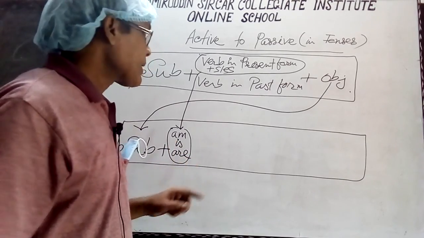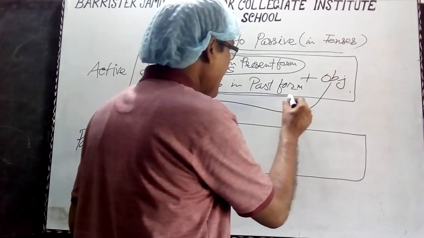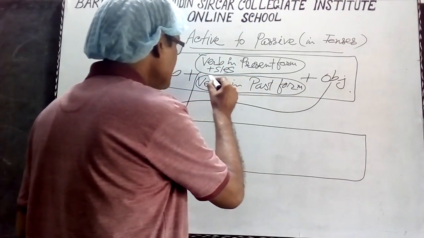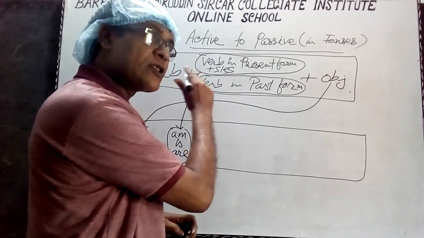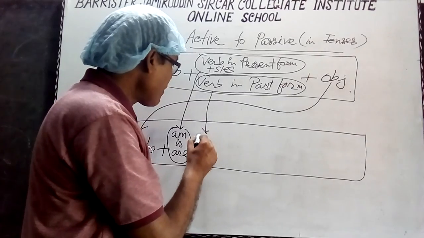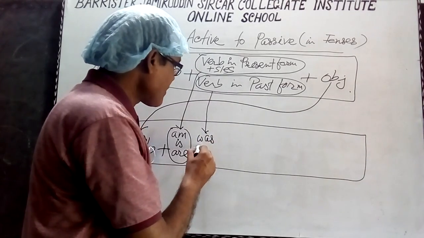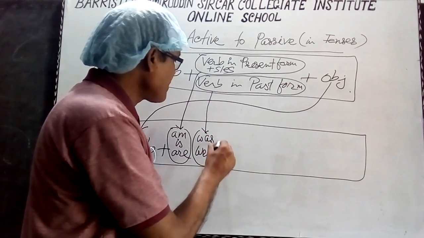And if the verb is in the past form, and we know it is past indefinite tense, then we must use was, were as auxiliary verb.